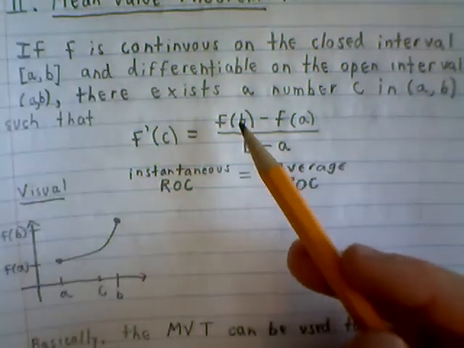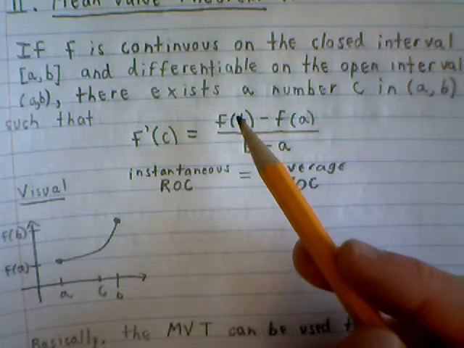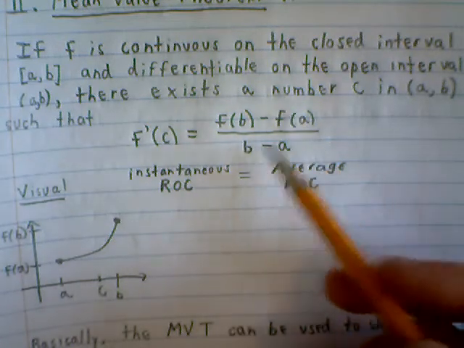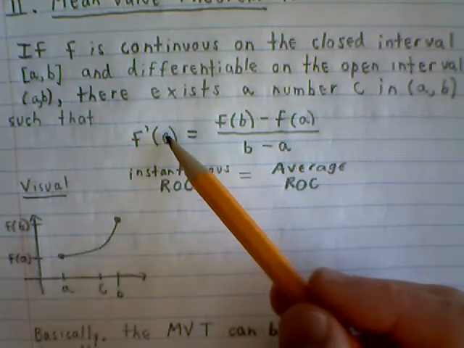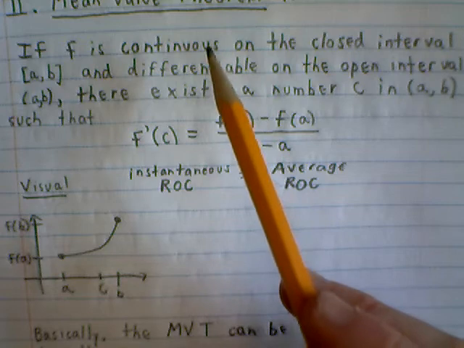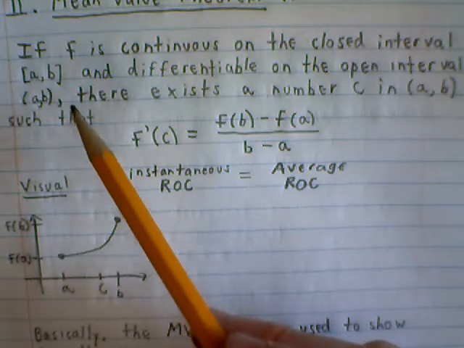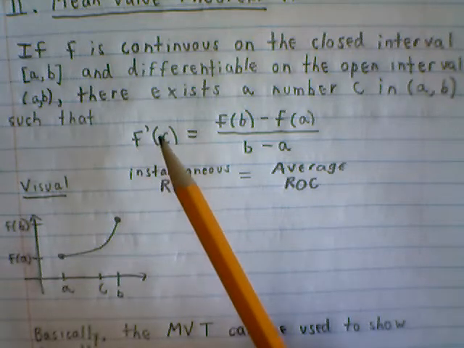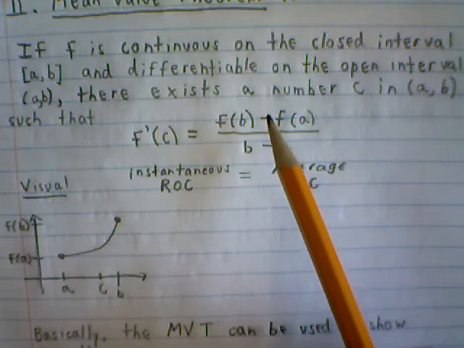This is the formula for average rate of change, just like from algebra 1, 2, and pre-calc, y2 minus y1 over x2 minus x1. And then this is the derivative, the instantaneous rate of change. So if a function's continuous on a closed interval, differentiable on that open interval, there has to be a number c such that the derivative equals the average rate of change.